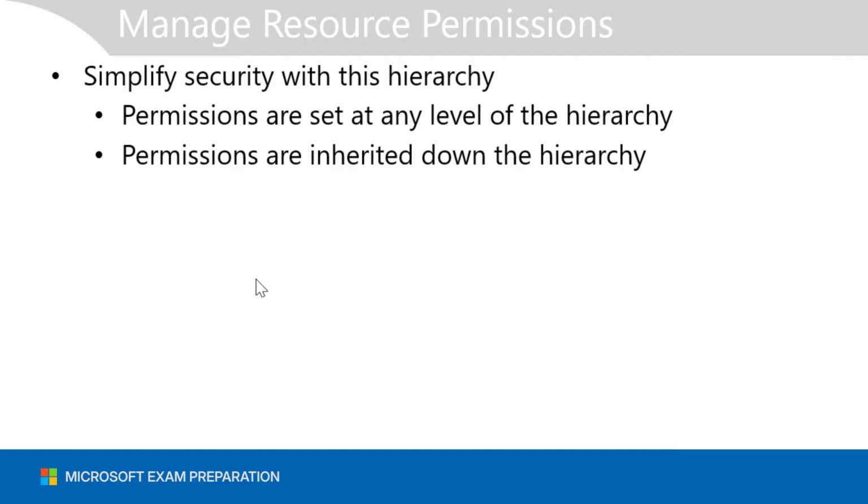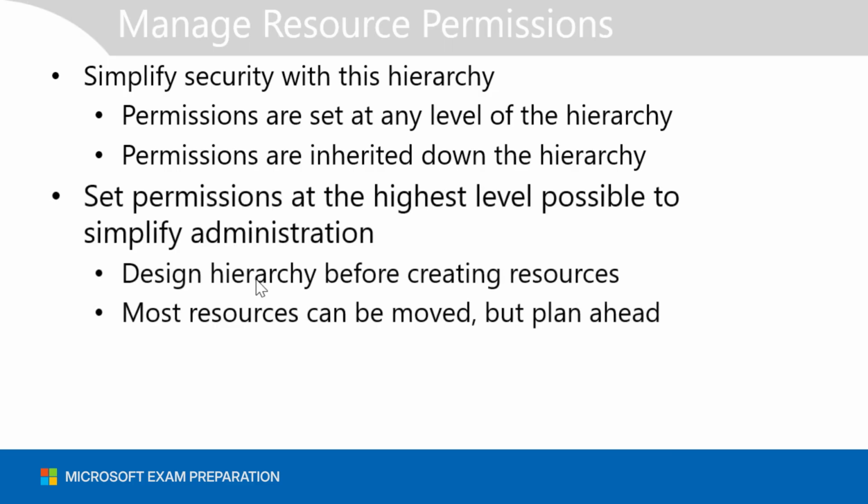Permissions can play heavily into how you set up your resource groups. You can simplify security with the hierarchy that we mentioned, because permissions can be set at the resource level, at the resource group level, even at the subscription level and the management group level. And those permissions are inherited down the hierarchy. So a little bit of planning goes a long way.